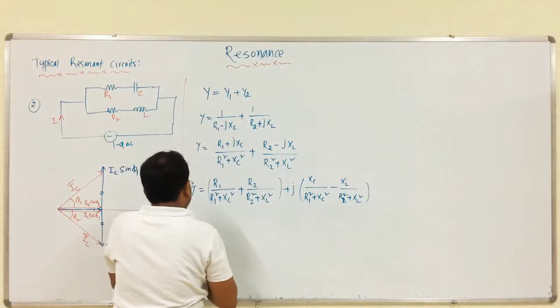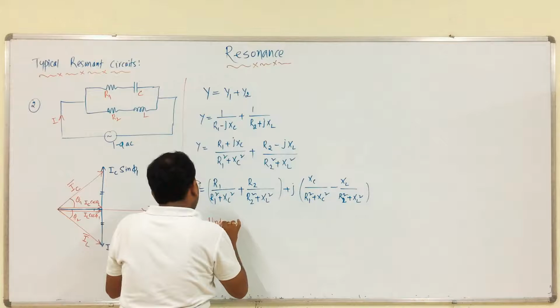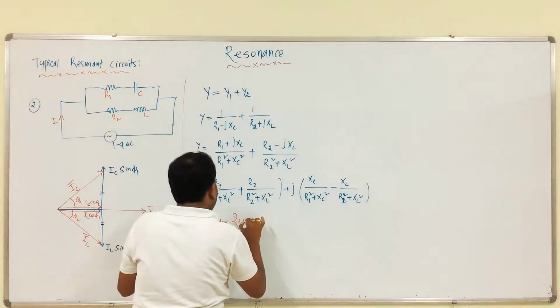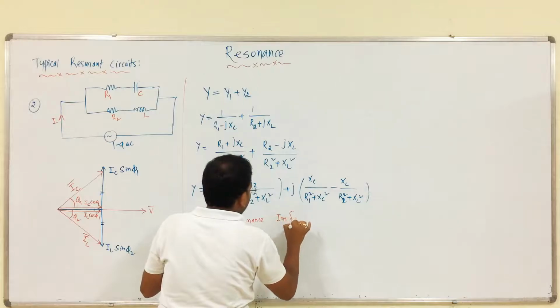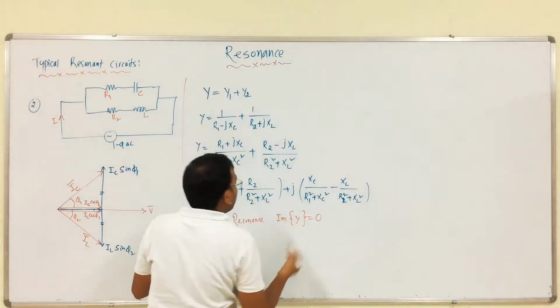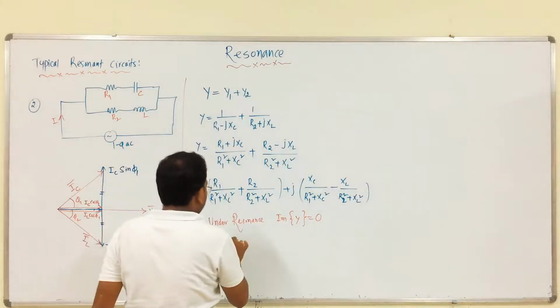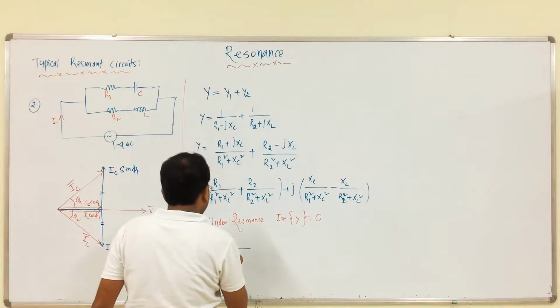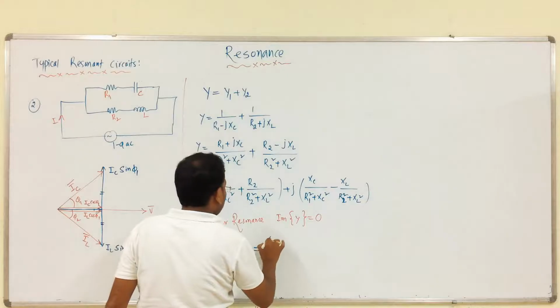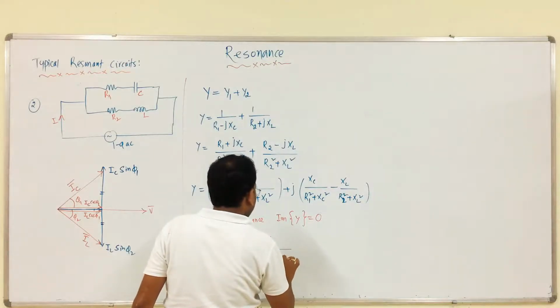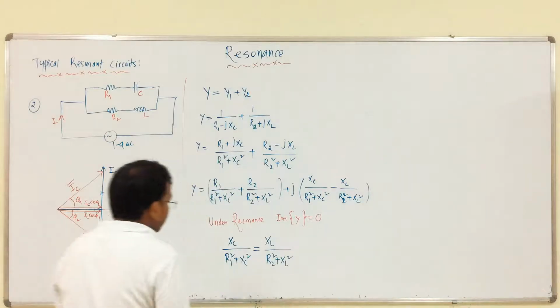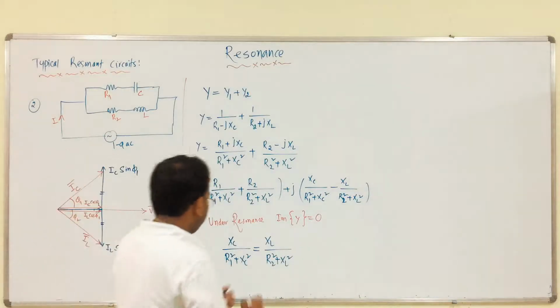We all know that under resonance the imaginary part of Y should be equal to 0, right. That is Xc by (R1 square plus Xc square) is equal to Xl by (R2 square plus Xl whole square), that is it, right.